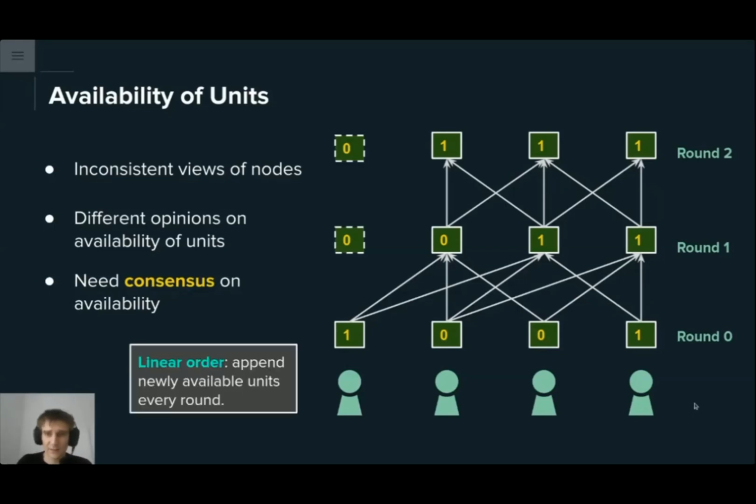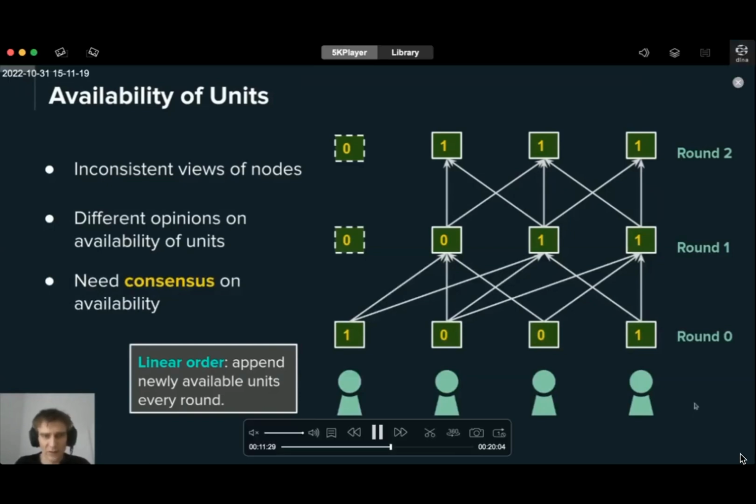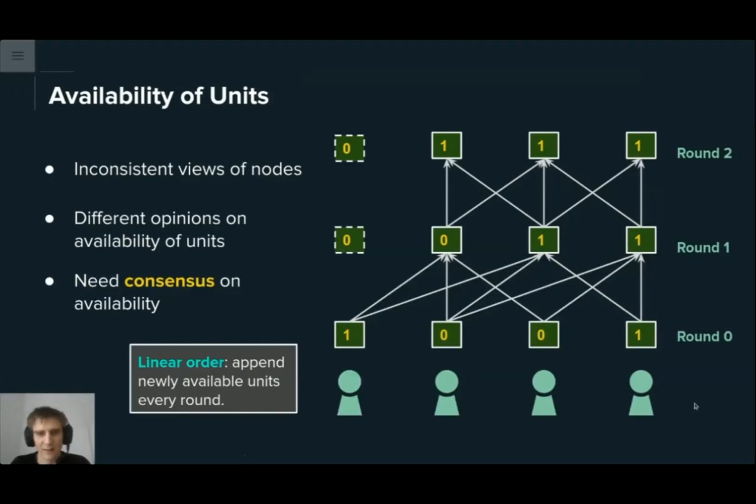Also, given this consensus on availability, it is already easy to get a linear ordering. Just go round by round, collect all units which are available, go to the next round and so on. So there is a very easy deterministic ordering which respects the partial order, based on these binary decisions.